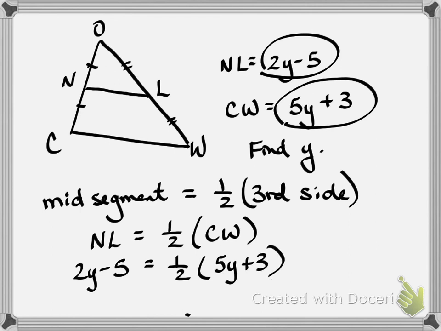Now this will go to you with algebra, what you like to do. I would like to clear this by multiplying by 2 on both sides. So I don't have a half anymore, but I do have to distribute over here by the 2. And then let's get the y on the same side. I'm going to continue up here.